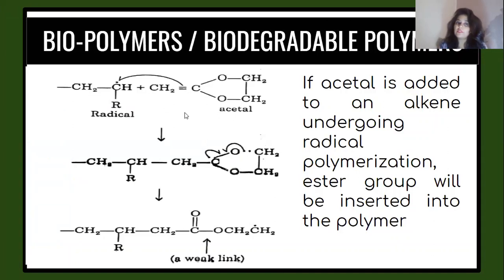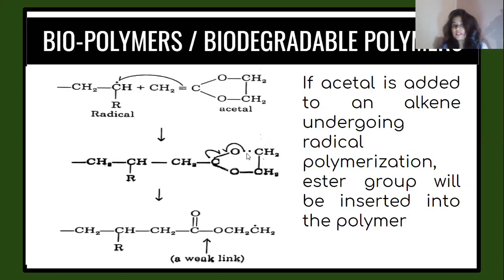So they are undergoing a free radical polymerization reaction. You can see here, this is a free radical. The bond will break, and the free radical will shift here. The moment the bond is broken, the CH2, CHR remains as it is, and a new bond is formed between the radical and the acetal group. So CH2, COO, CH2, CH2.